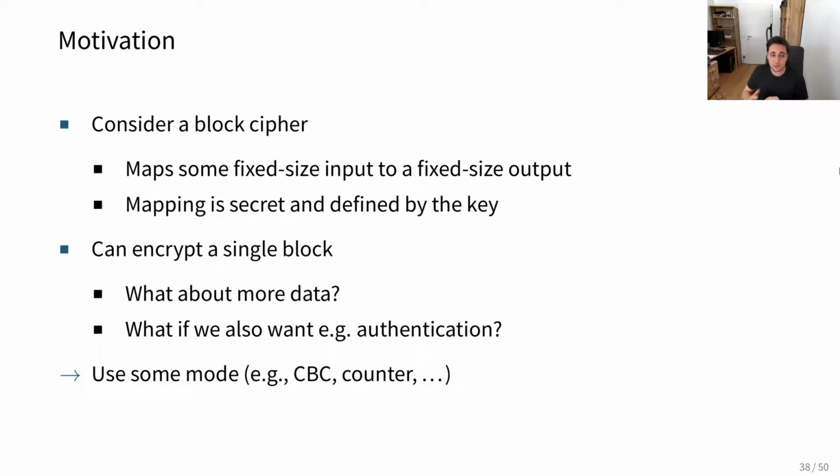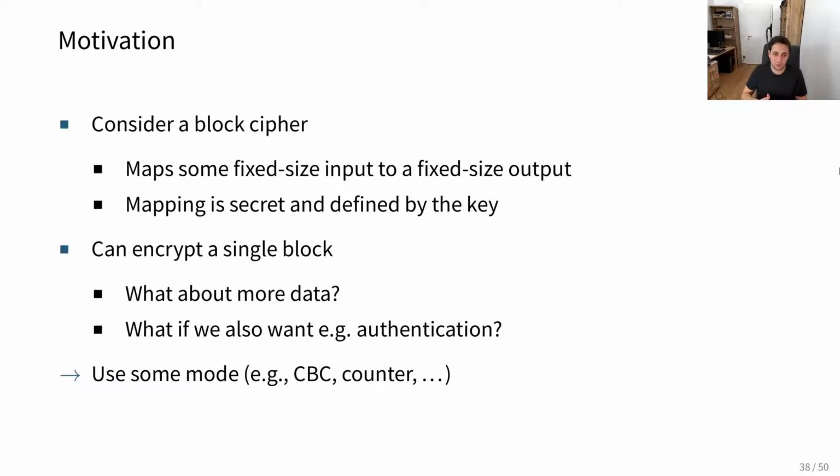The problem is, if we do this with a block cipher, it's not so easy, because a block cipher maps a fixed size input to a fixed size output, and the sizes have to be the same, otherwise it wouldn't be a permutation. And this mapping, from the fixed size input to the fixed size output, is secret, and it's defined by the key. So this is a block cipher in simple terms.